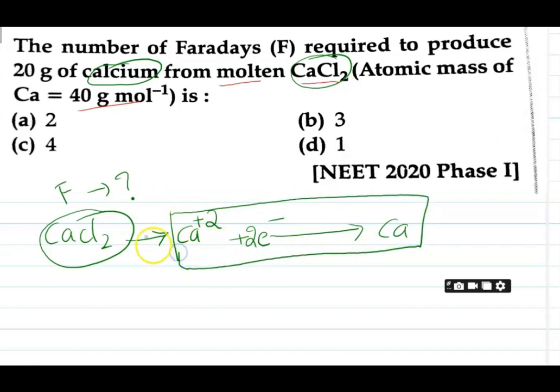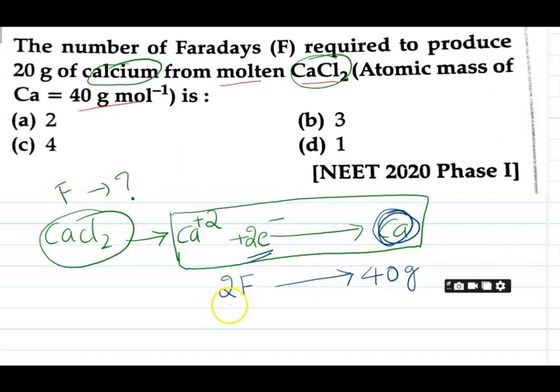As per Faraday's first law of electrolysis, the number of Faradays of electricity required for the deposition or liberation of an element is that needed to form exactly the atomic mass of that element. The atomic mass is 40 grams.